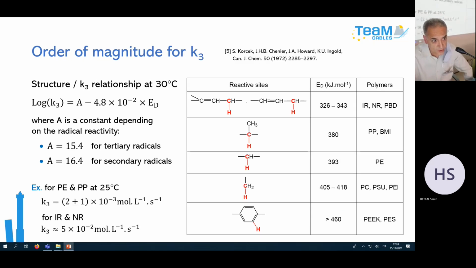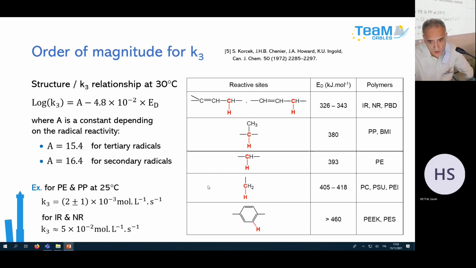So in the literature, Korcek has shown that the logarithm of the rate constant of this reaction is a linear decreasing function of the dissociation energy of the CH bond. It is called here ED.